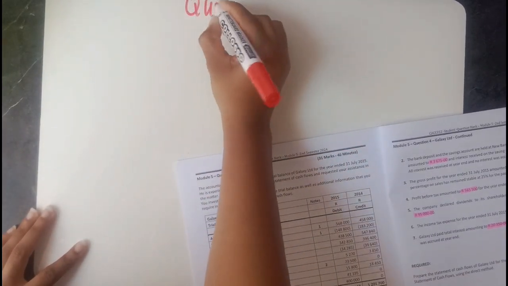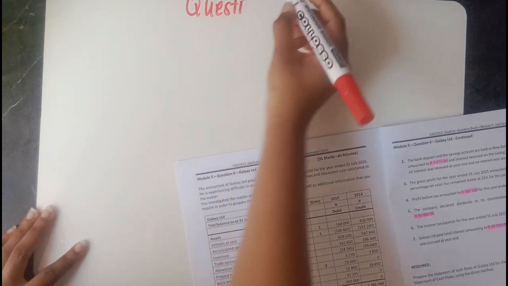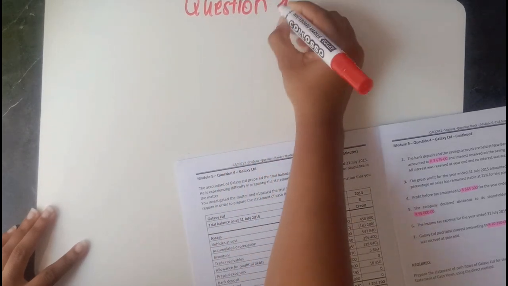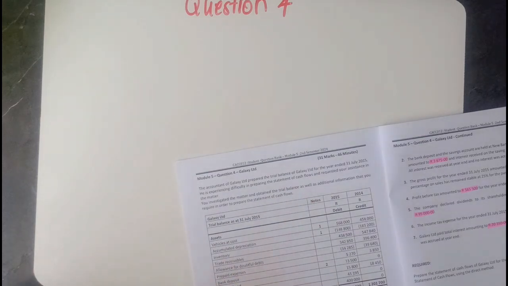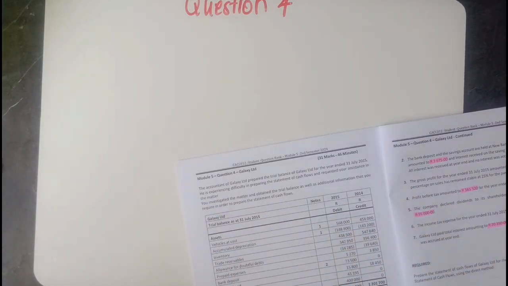Let's start. So we have question 4. I'll attach a picture of this question in the description box, so everyone who doesn't have access to it will have access to it.